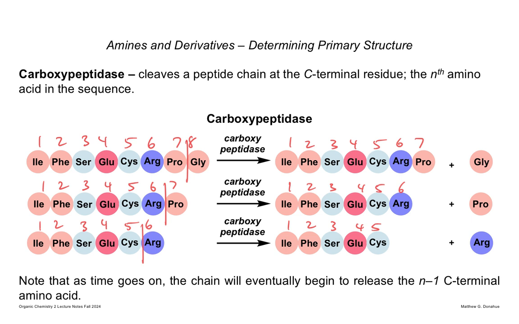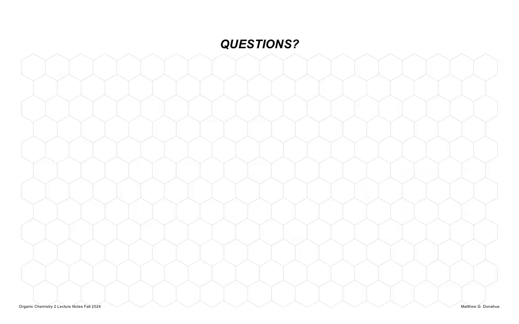Then you're going to start to see proline grow in, and then arginine grow in. As these things start to form over time, it gives you an idea of where they are in that first chain. Any questions?